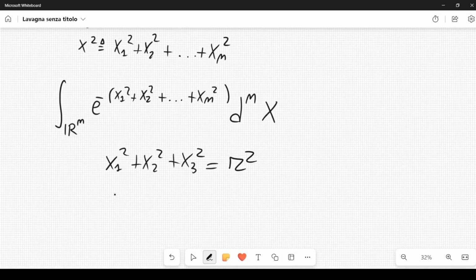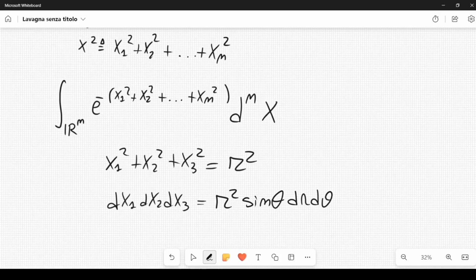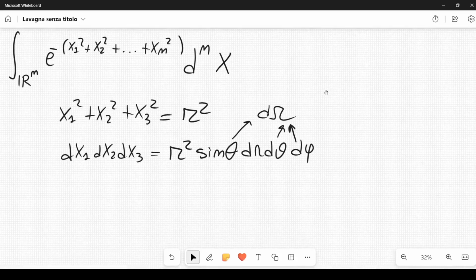And when you go to spherical coordinates, dx1 dx2 dx3 is equal to r squared, then you have the sine of a certain angle theta, and then dr, d theta, d phi. Now you can put together r squared dr, and then you have sine theta d phi, which is just the solid angle d omega that we have in 3 dimensions.